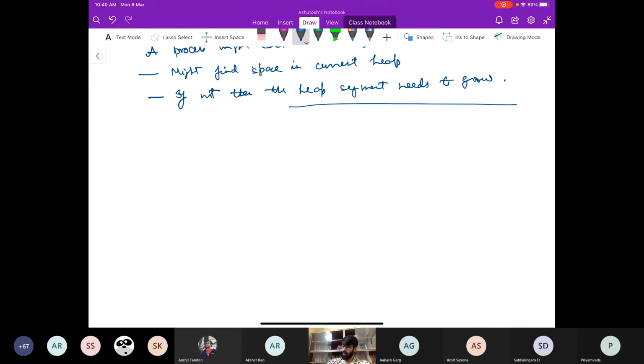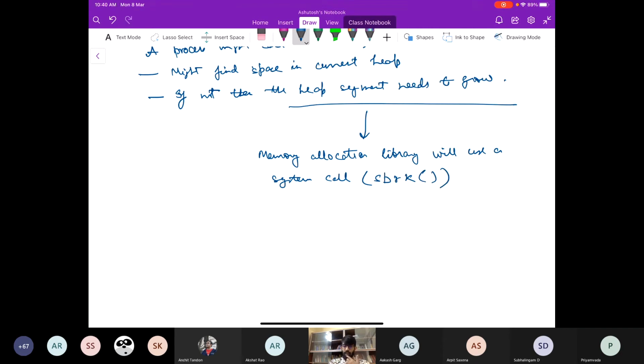The memory allocation library will use a system call. In this case, it's going to be sbrk, which will ask the OS to allocate space.